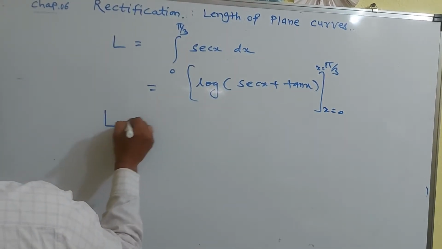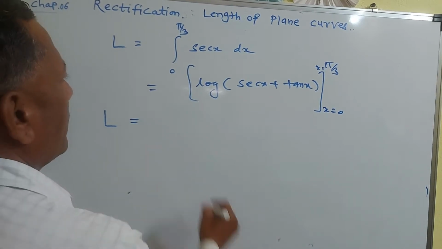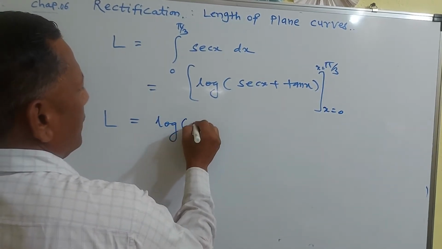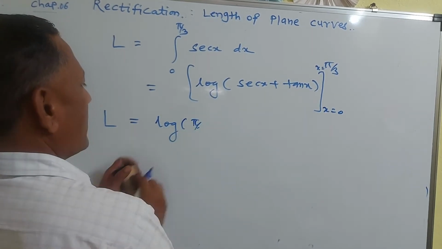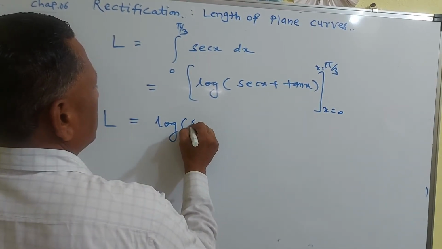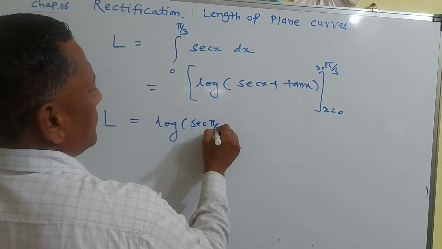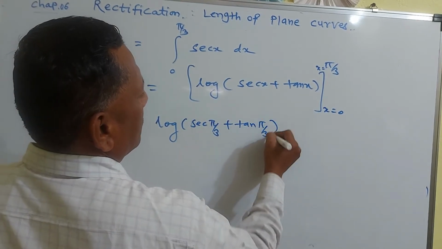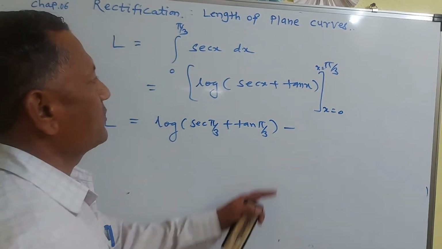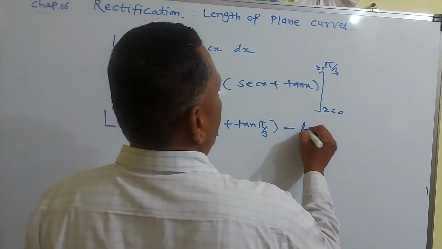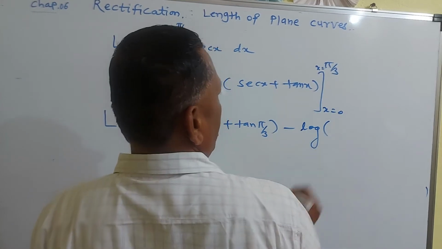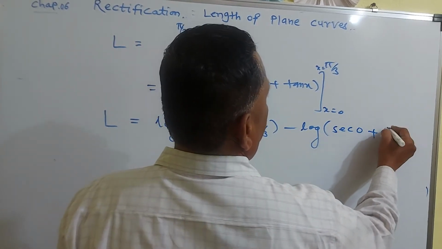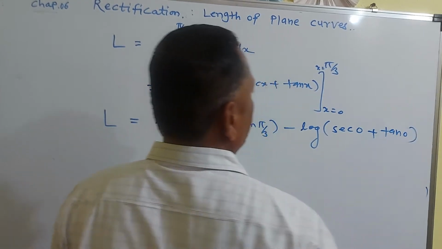Therefore the required length L is equal to log of sec pi by 3 plus tan pi by 3, minus, means you substitute x equal to 0, log of sec 0 plus tan 0.